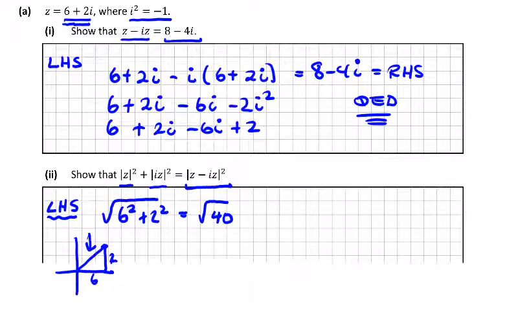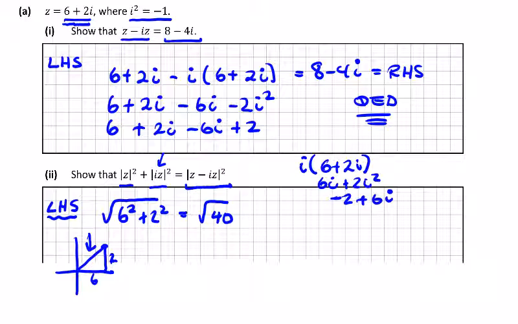The modulus of iz is going to be the same. We've worked that out already, haven't we? Well, we'll do it again here. i times 6 plus 2i is iz. 6i plus 2i squared is the minus 2 now, so we're going to get 6i minus 2.